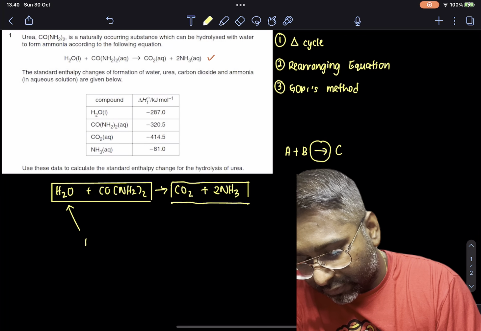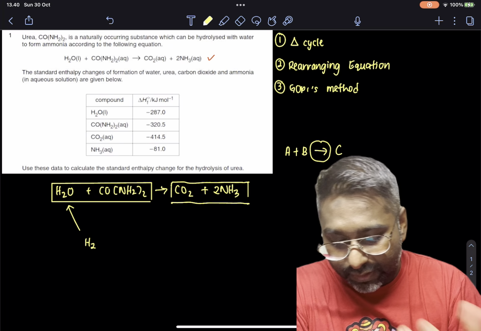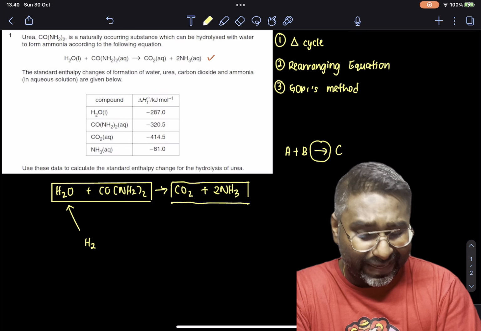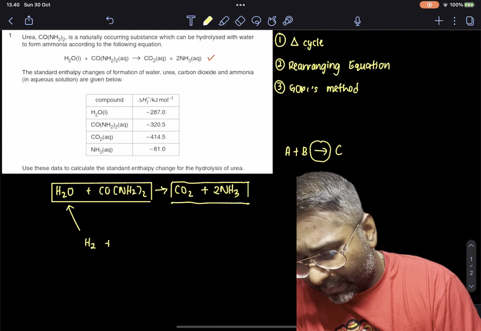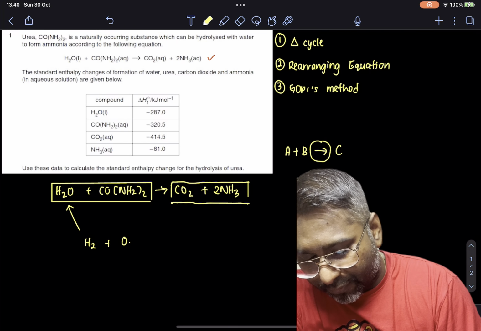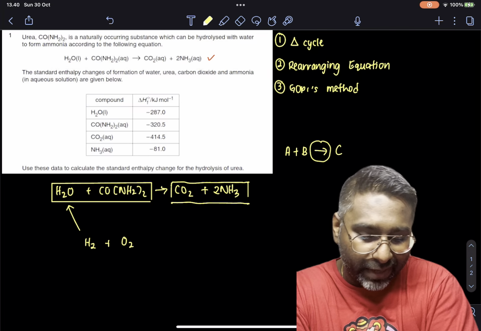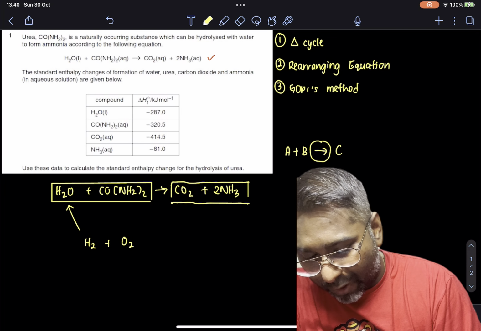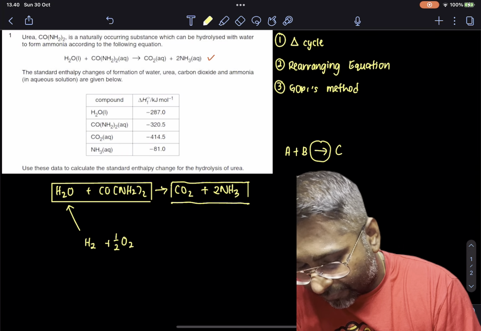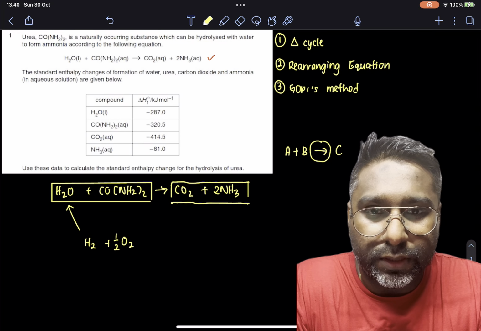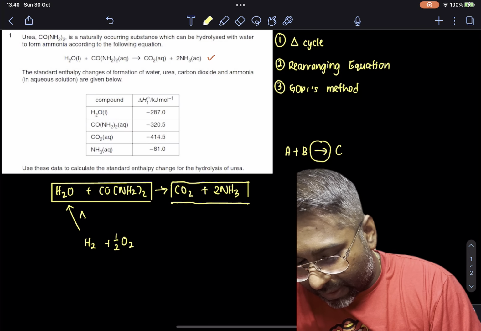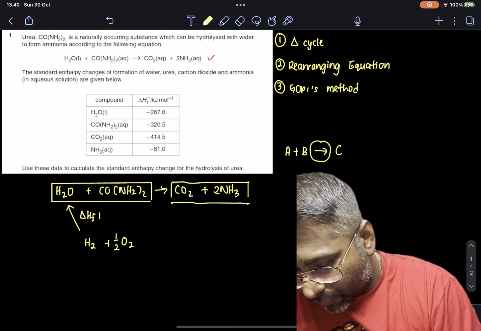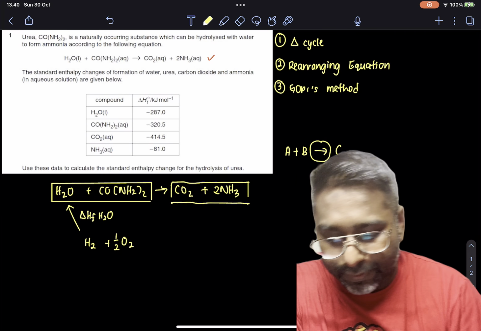I form water from hydrogen, the element, which is a gas, and then from oxygen. I want to form 1 mole of H2O, so I want half a mole of O2, so I put a half over there. This is going to be the enthalpy change of formation of water. I'll just leave it over there.